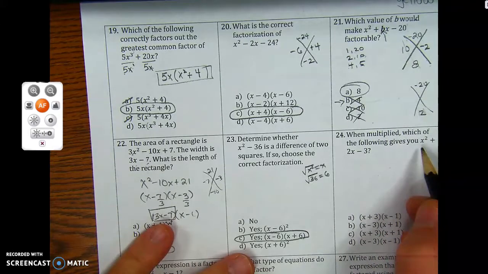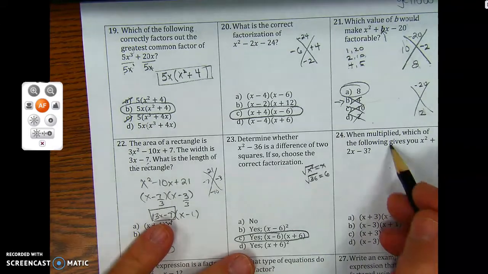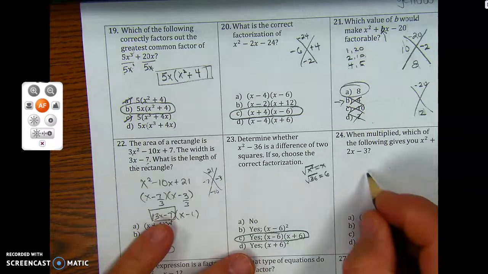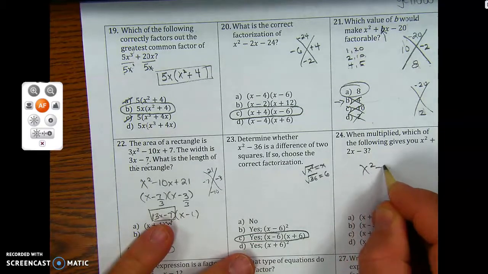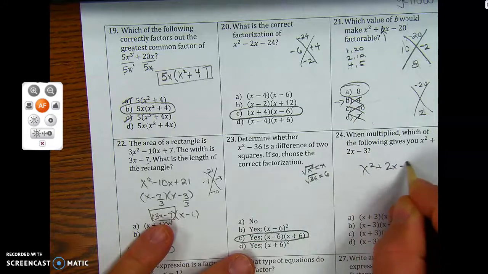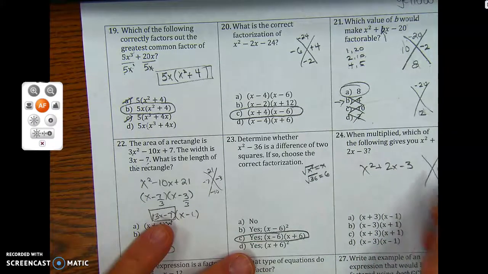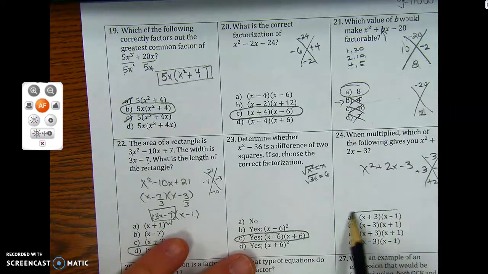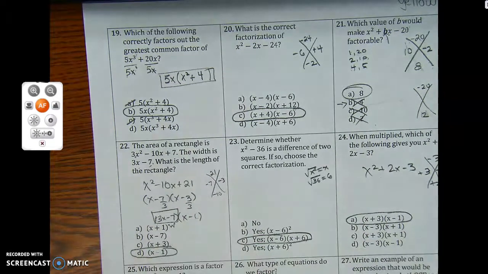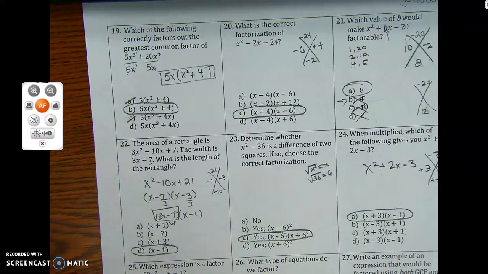Okay, this is the same way to ask the question, how do you factor plus 2x minus 3? Minus 3 plus 2. So it's positive 3 and negative 1. X squared minus 1x, multiply 2 times negative 1, get negative 2.